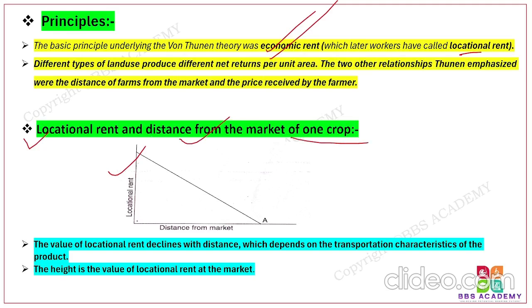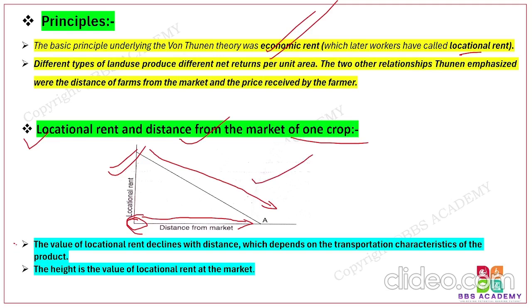This is the market region or surrounding area. If we go toward a longer distance from the market, then the locational rent will decrease. The maximum locational rent is within the market area, and the further the distance, the lesser the locational rent.